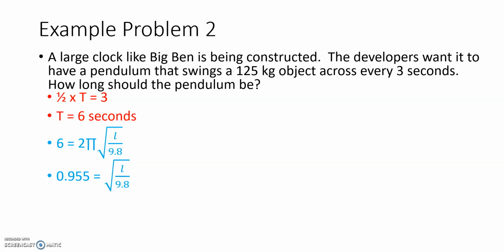Then to get rid of the square root, we square both sides, so we end up with 0.912 equals the length divided by 9.8. Finally, to solve for L, we take that 0.912 and multiply it by gravity 9.8, and we end up with 8.94 meters in this case.